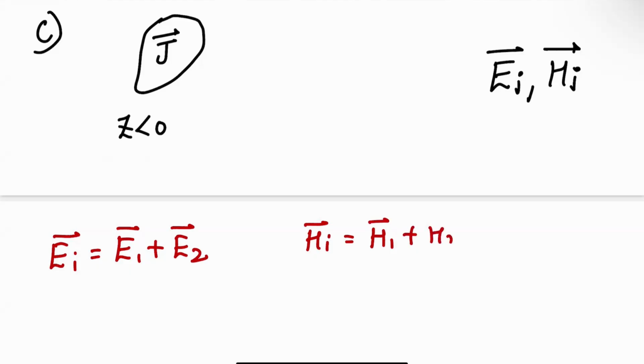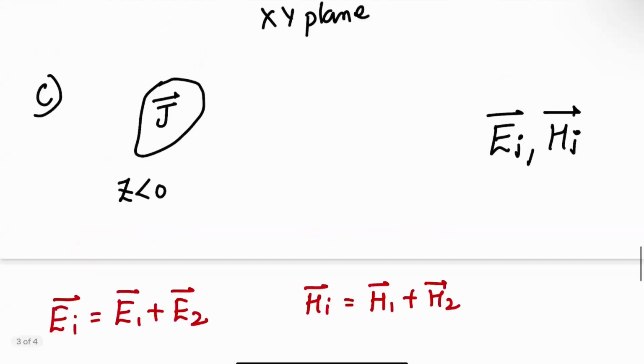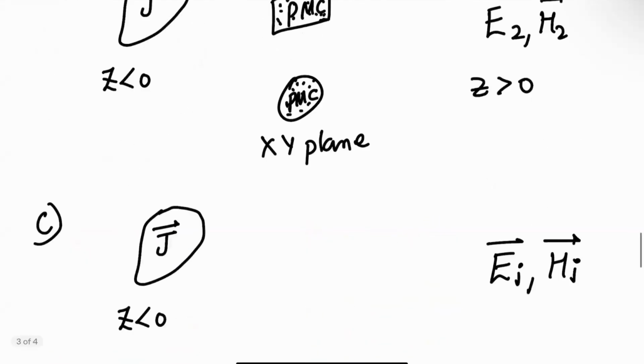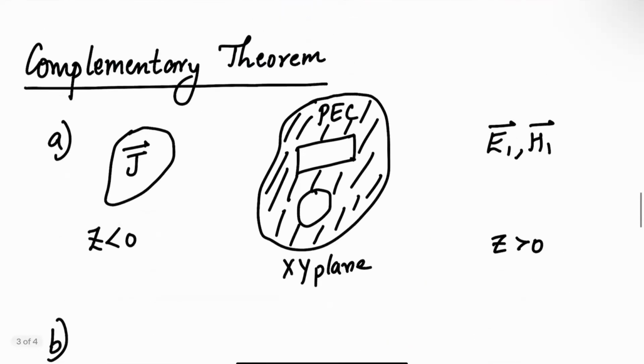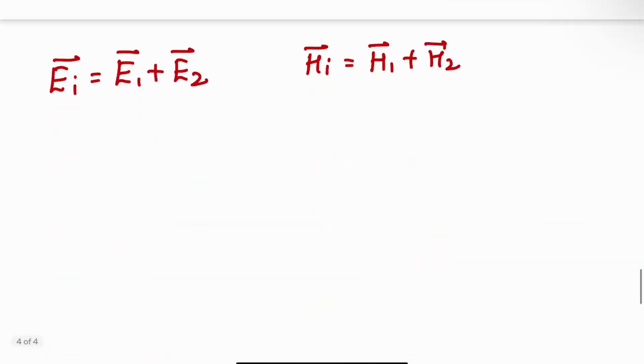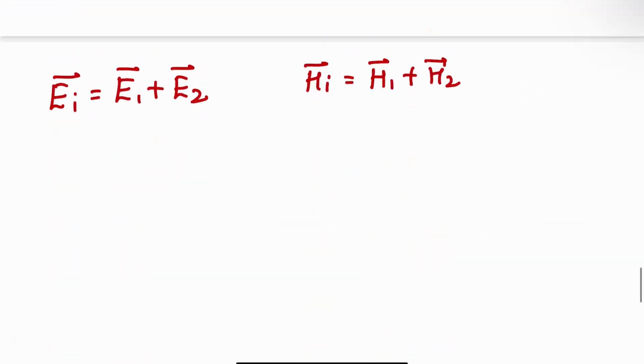So essentially you have free space that gives you HI. You put some PMC sheets that gives you E2, H2. You take the complementary problem where you replace PMC with aperture and you replace apertures with PEC, and that gives you E1, H1. And these three fields satisfy this relationship. That's what the complementary theorem is saying. So we want to prove this. Let's go ahead and do that.